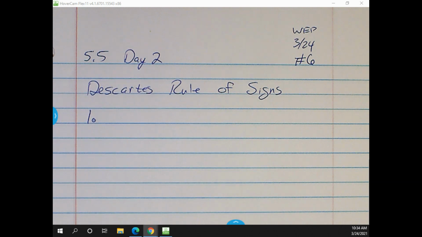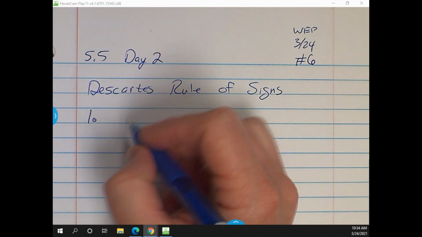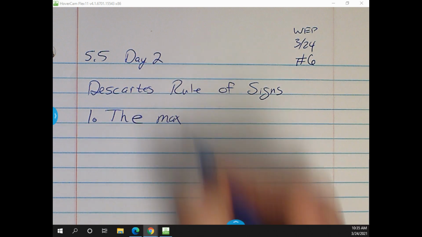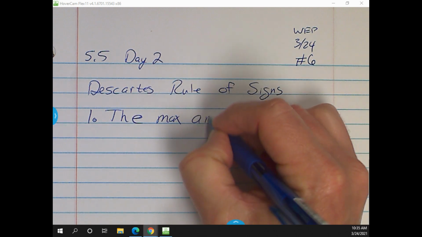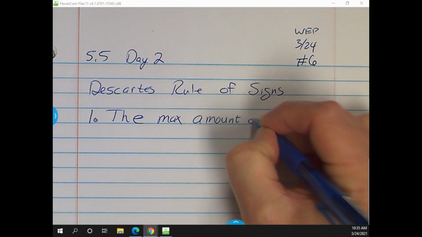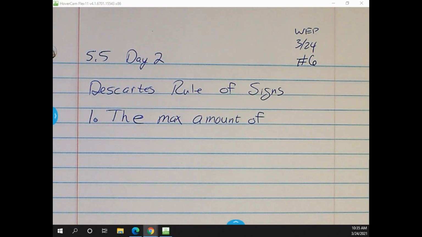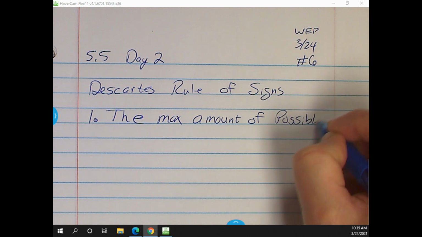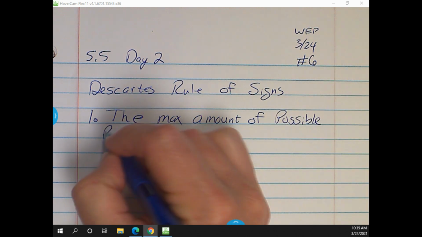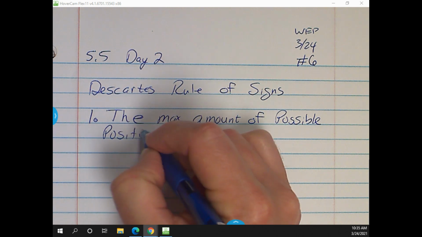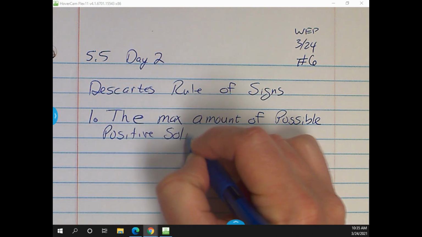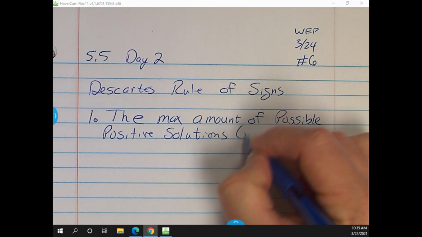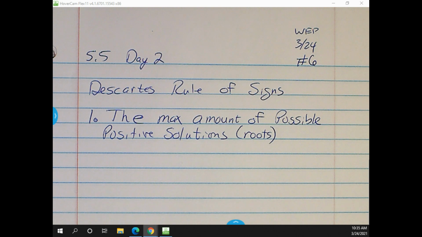So there's two things with Descartes' rule of signs that we're going to do. The maximum number. The maximum amount of possible positive solutions. Again, we're talking about solutions; they may say roots at the same time.